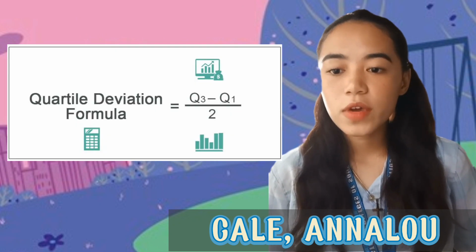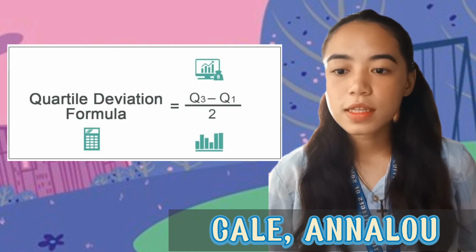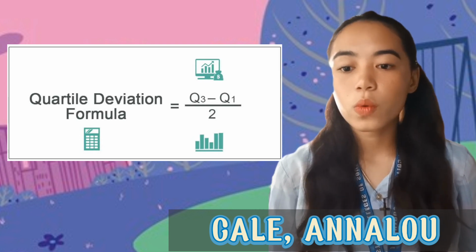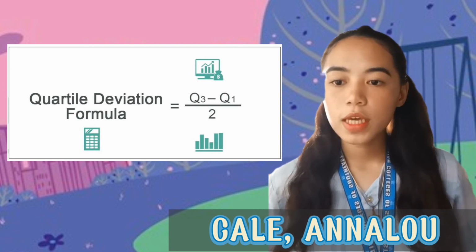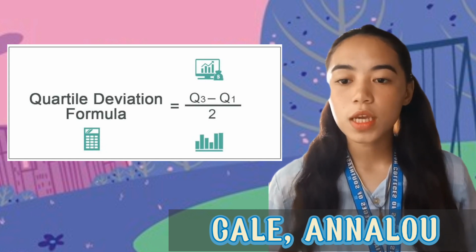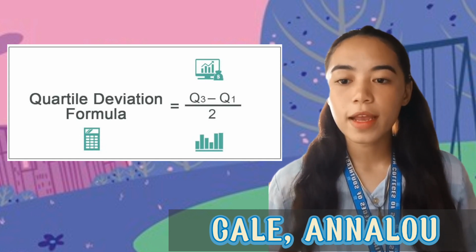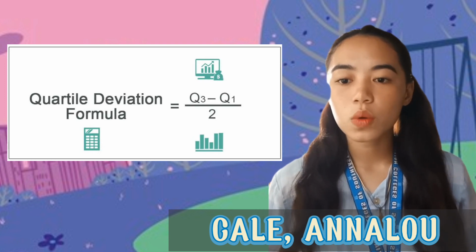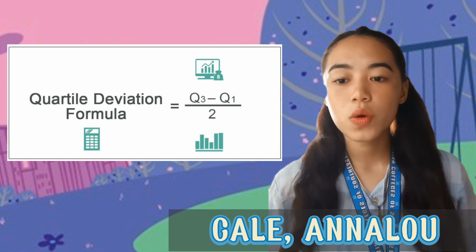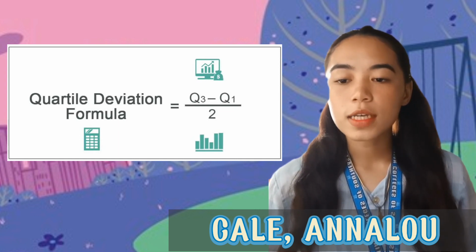The quartile deviation is calculated as half of the difference between the upper and lower quartiles. QD denotes quartile deviation, with Q3 denoting the upper quartile and Q1 denoting the lower quartile. QD is equal to the quantity of Q3 minus Q1, divided by 2, is the formula.